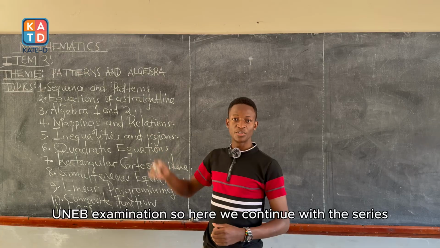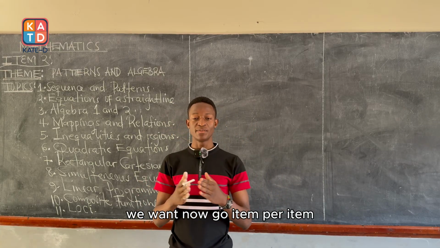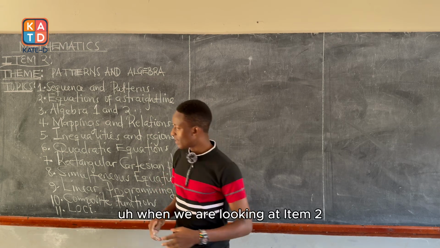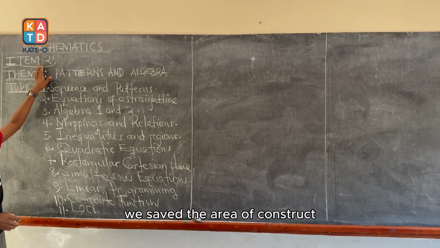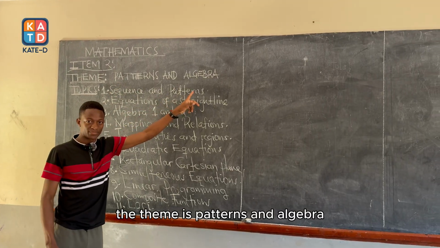So here we continue with the series, but along this series, we want to now go item per item and look at the items for other topics. When we are looking at item 2, we said the area of construct. The theme is patterns and algebra.